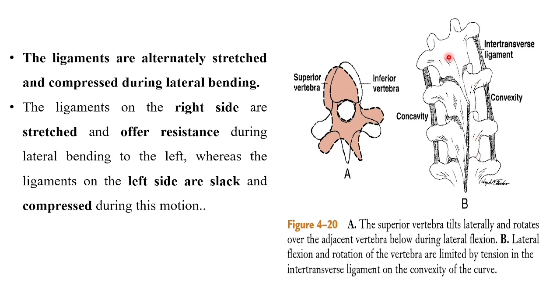During left lateral flexion, the right side intertransverse ligament will be stretched, and on the concave side the intertransverse ligament will be slack. So this is how it works on the opposite side. During lateral flexion to the left, the ligaments on the right side will be preventing the excessive lateral bending of the spine towards the left.